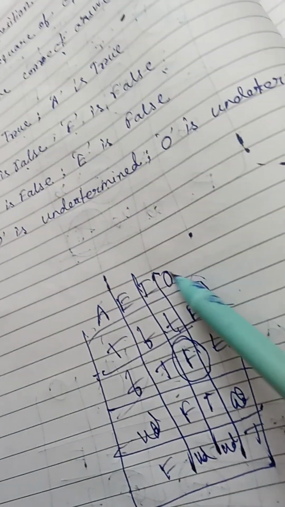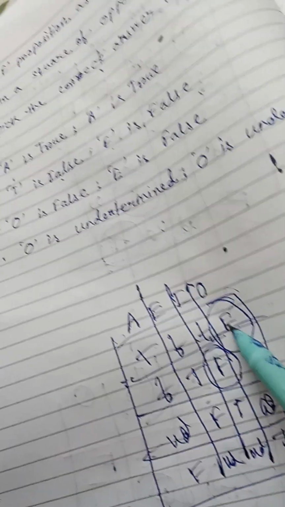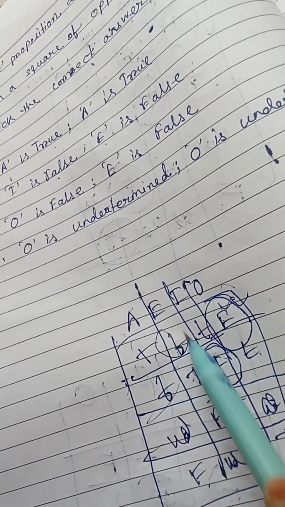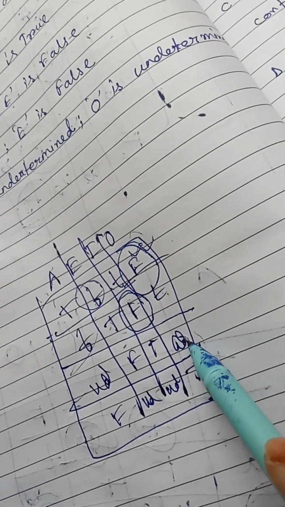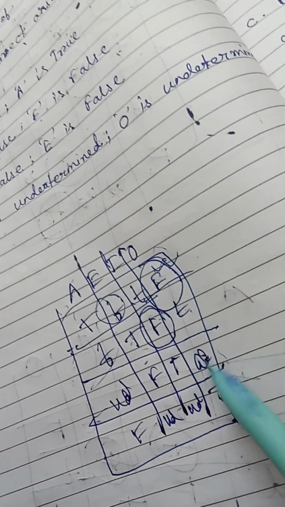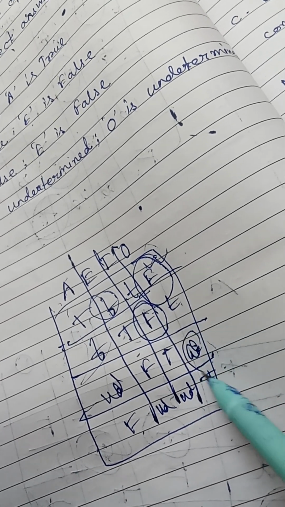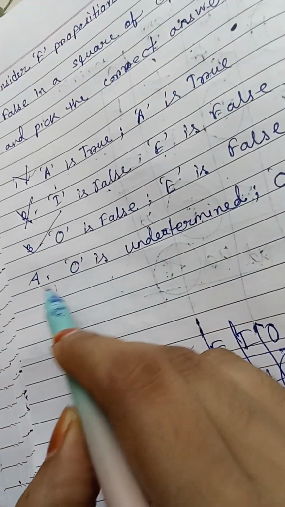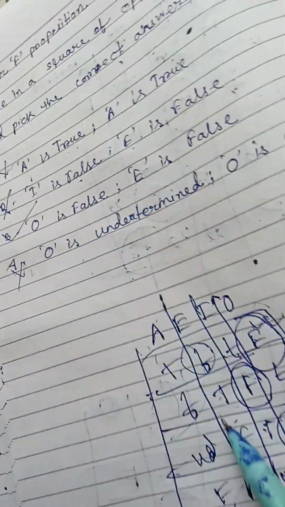O is false, so E is false. Yes, this one is right. O is undetermined here. Okay, the question is something wrong, but you understand now how we are finding out so easily.